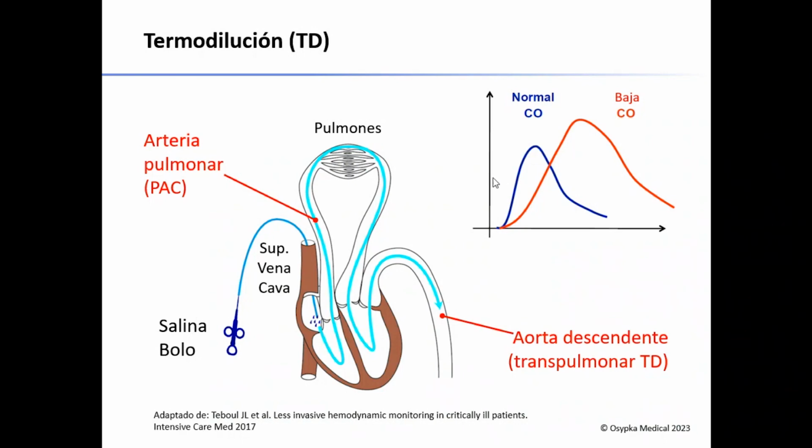Typical thermodilution curves look like this for a normal cardiac output and for a low cardiac output. Now, this is a highly invasive method, and it can cause arrhythmia and needs a lot of expertise and skills. So at least in the United States and Germany, it's not practiced that often anymore.